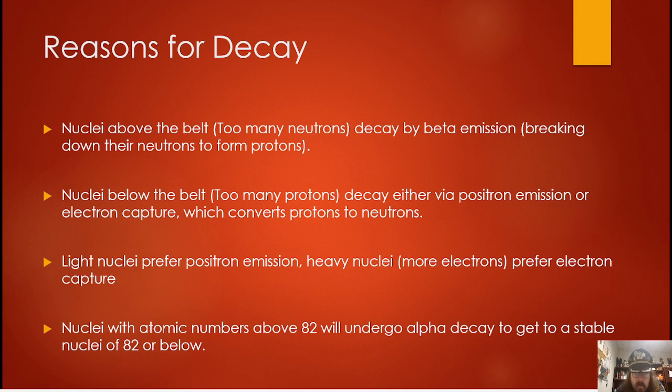The lighter nuclei, because they don't have a lot of electrons in the first place, tend to undergo positron emission, while heavier nuclei, because they have more electrons and a bunch of electron clouds, prefer to go through electron capture, where the electrons in the cloud can decay into the nucleus. But yeah, and then everything above that belt will go through alpha decay.